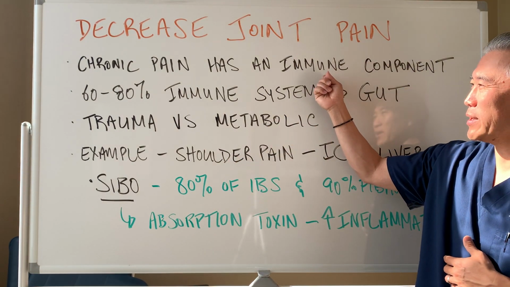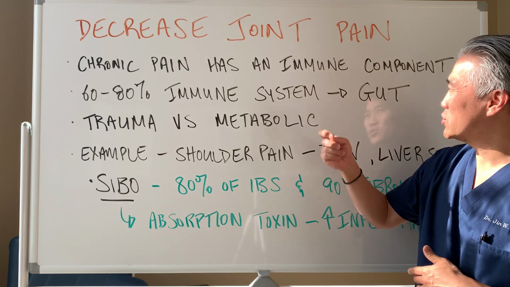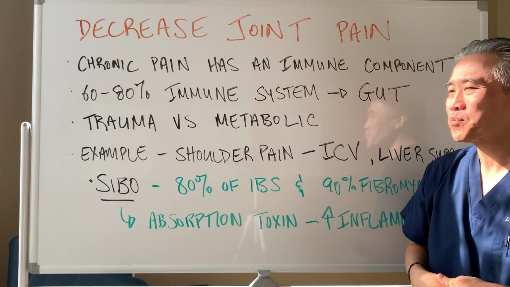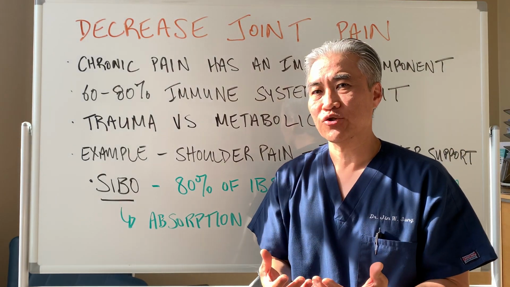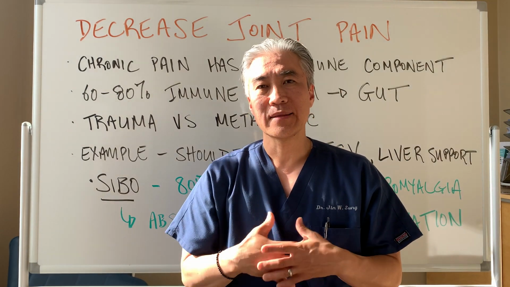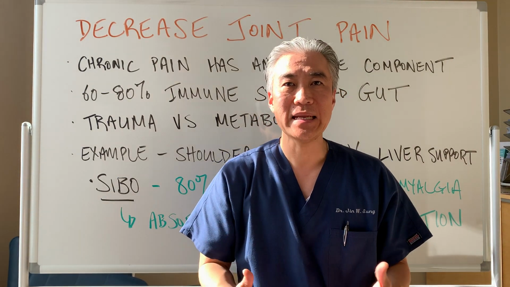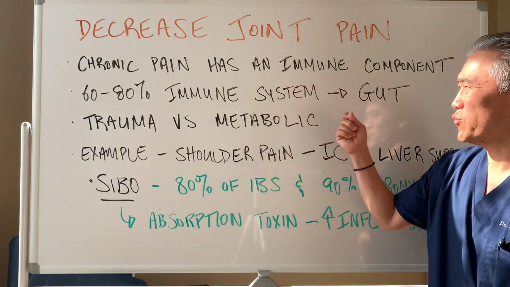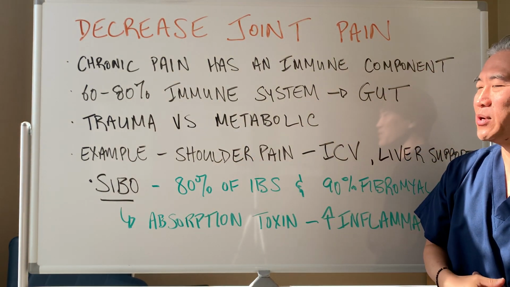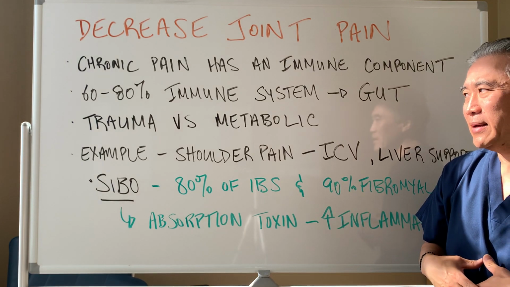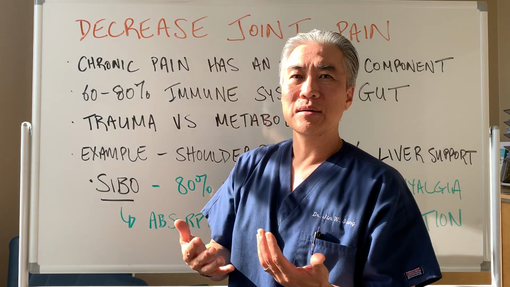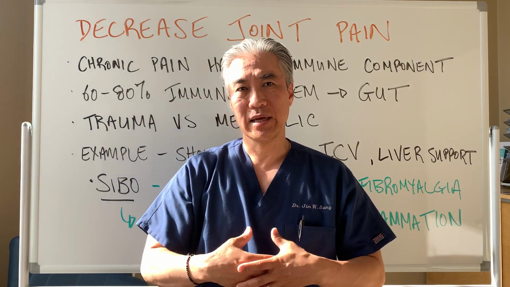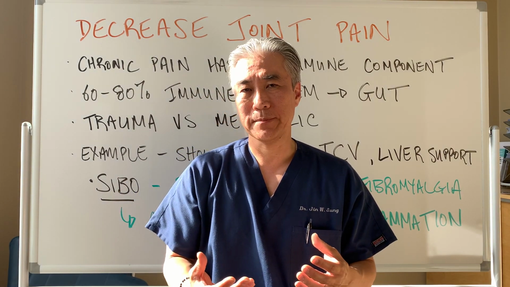So why would someone have chronic pain due to an immune component, right? Well, sometimes it's the GI tract, the gut, right? The gut has 60 to 80% of your immune system there, right? So if we have 60 to 80% of your immune system in the GI tract, then maybe the gut has a role in joint pain.